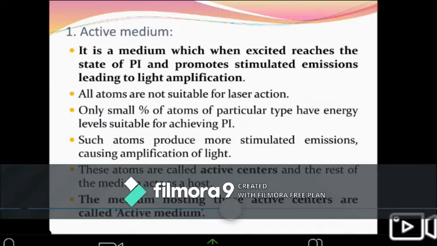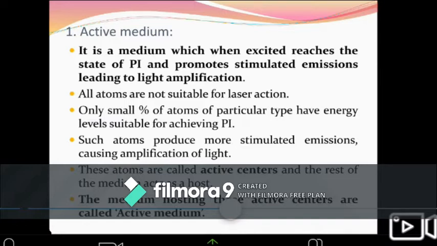Only certain active centers are where population inversion can be created. Once you create the population inversion, you can stimulate the emission. So the medium hosting all other than active centers is called the host, and finally, together it is called the active medium.